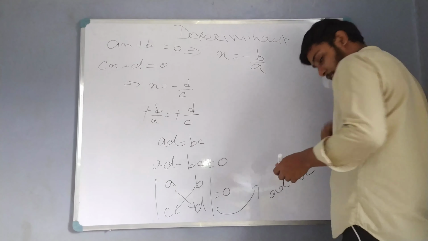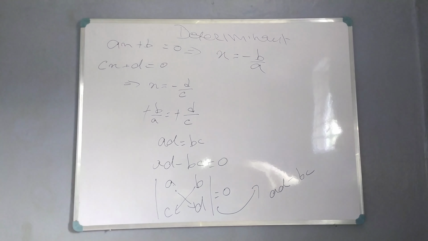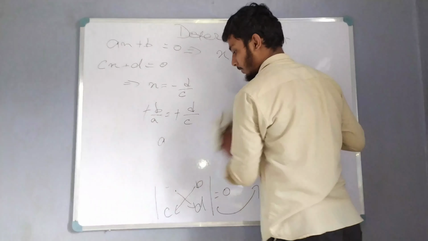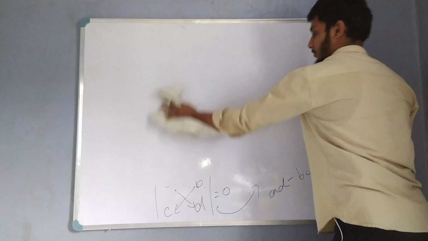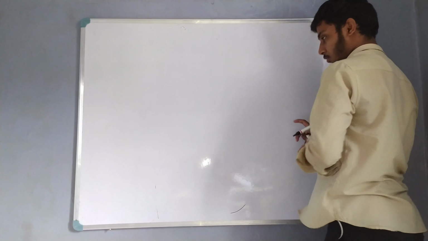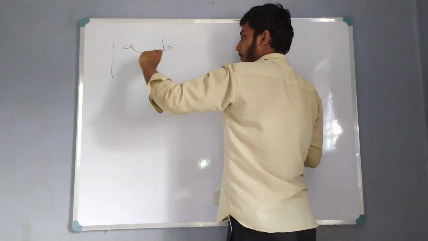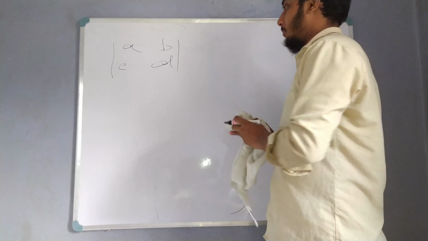So we have come to the definition of determinant. A determinant looks like a, b, c, d. This is a determinant.